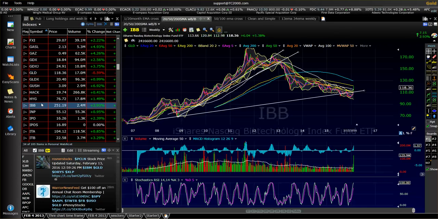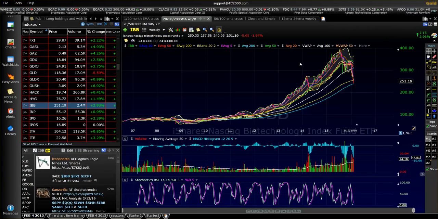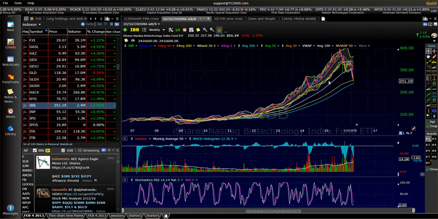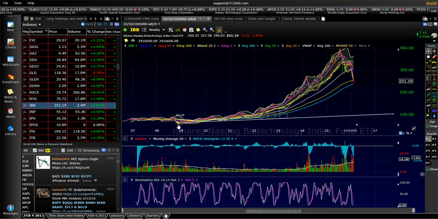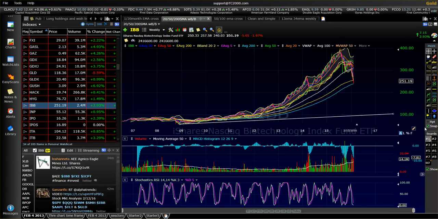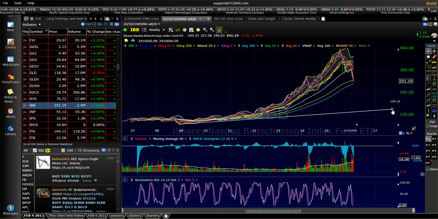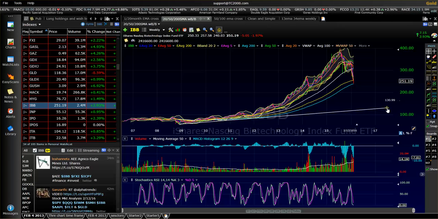Let's take a look at the IBB, which is the biotech index. More of a gradual slope from 2009. Very gradual. And then we started to get some acceleration.